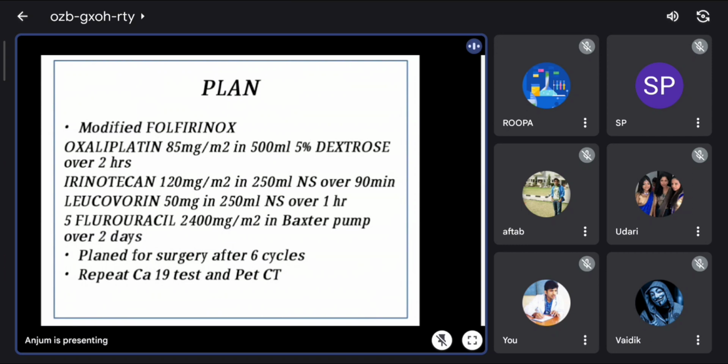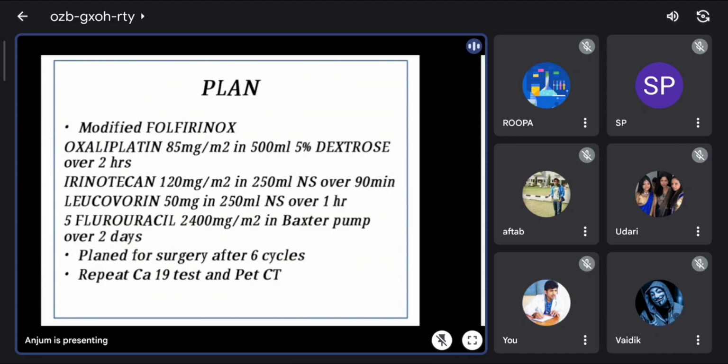The constant will be 5 ml per hour. We want it over 48 hours, so we have to decide how much volume we are making in the Baxter pump. Based on that, I have decided that 240 ml should be the overall volume of the pump.